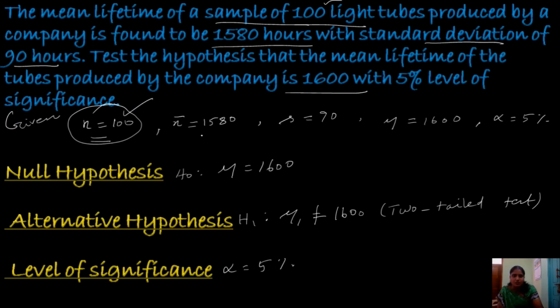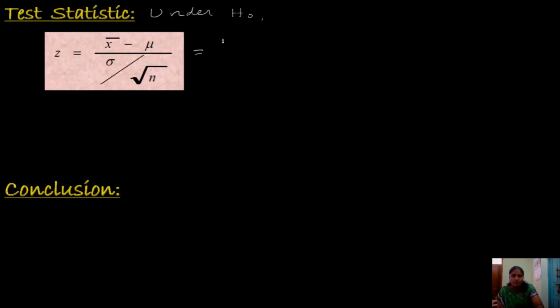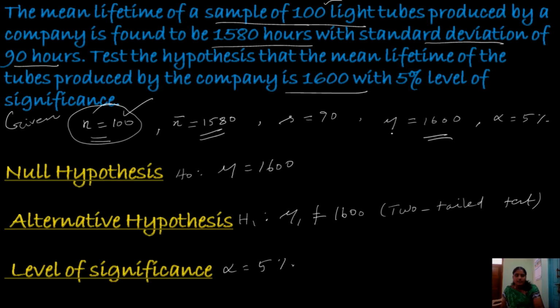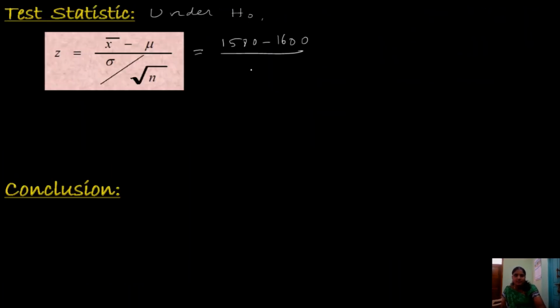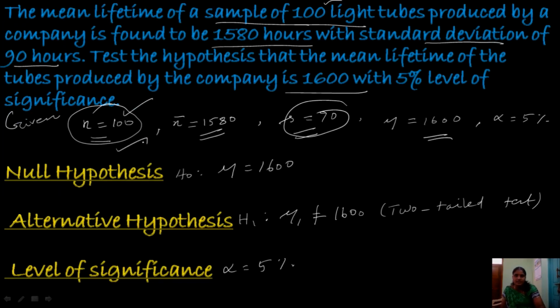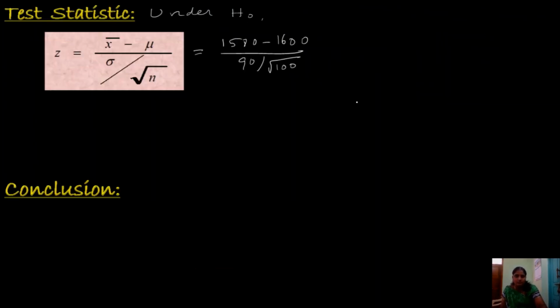So the value of x bar is 1580 and mu is 1600. So 1580 minus 1600 over the value of sigma. Here population standard deviation is not given, so instead of that we make use of the sample standard deviation, that is 90. So 90 over square root of n, the number of samples, that is 100.